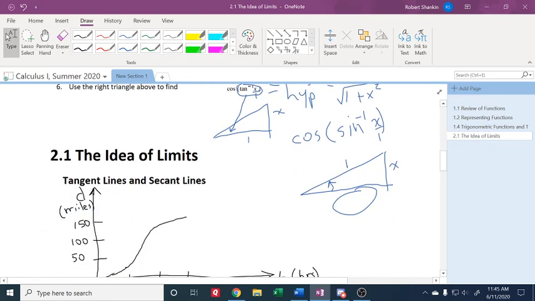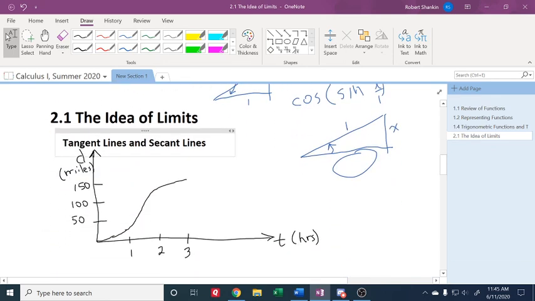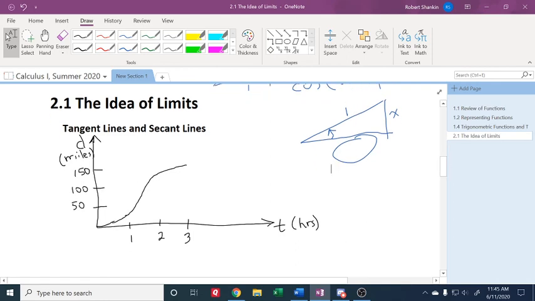All right. So 2.1, the idea of limits. A brief overview. On the very first day that we had class, remember when I was telling you what calculus is all about? There was a problem that Isaac Newton was trying to solve, and that was why the planets move the way that they do.